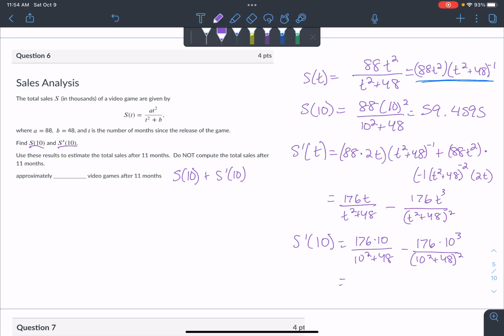I got 3.8568. All right, and so our last step is just combining the two that we just got. So 59.4595 plus 3.8568. And I believe this is 63.32 if we round to 2 decimal places.